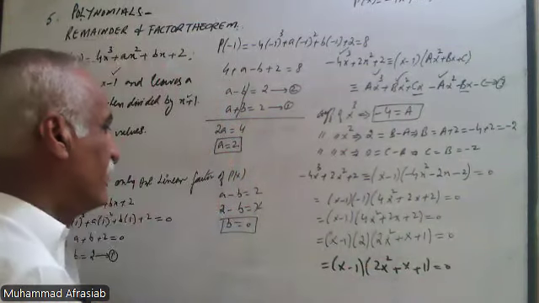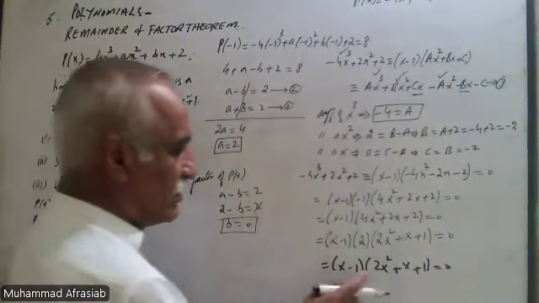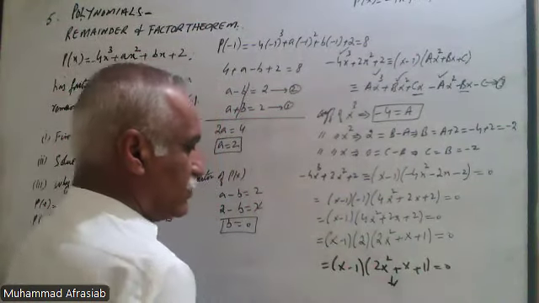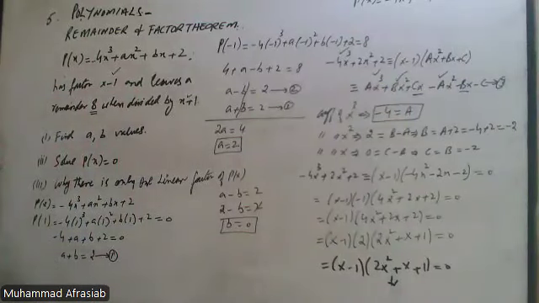Now you have to show that there is only one linear factor, because this factor, 2x square plus x plus 1, is not solvable.